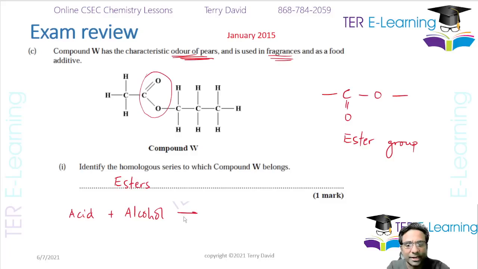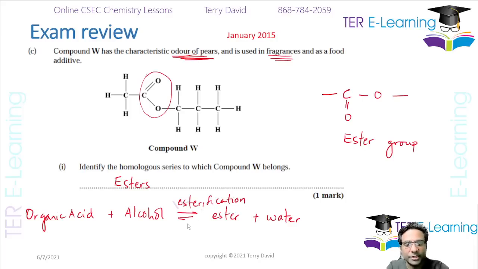This reaction is a reversible reaction, and what we get is an ester, and water being produced. This particular question comes almost every time in multiple choice. So I've got organic acid plus alcohol. That forward reaction is what we call esterification.